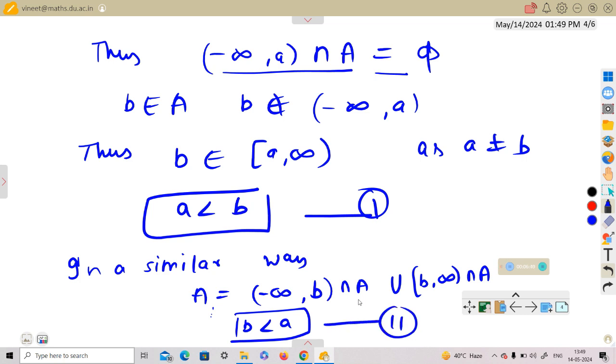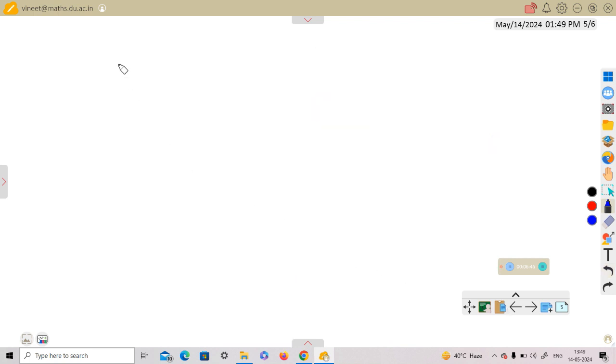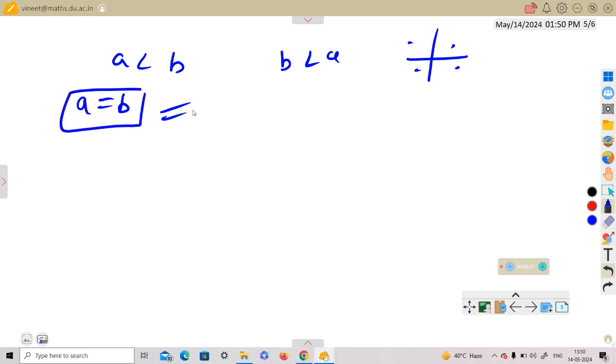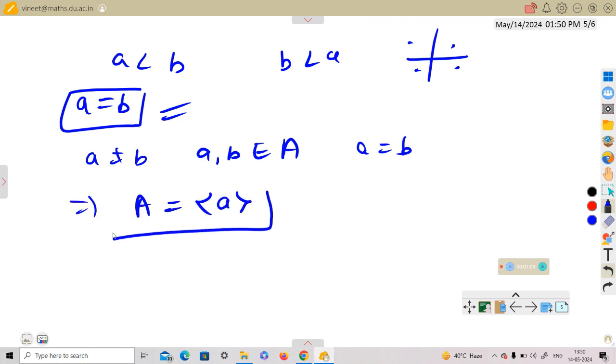This is the second. Now just observe the first and second. The first shows that a is less than b, and the second shows that b is less than a, which is a contradiction. We must have a is equal to b. That's the only possibility. So we have shown that if a is not equal to b and a, b belong to A are any two elements, then a must be b. So this implies that A must be a singleton set.